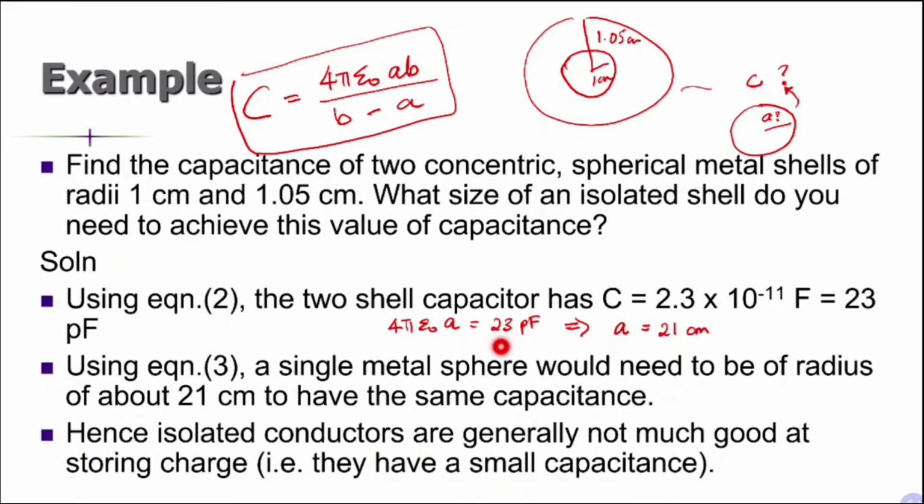Okay, so it's not a very good capacitor. Such a large ball only gives you 23 picofarads, whereas you can achieve a similar capacitance with something of just 2 centimeters in diameter.